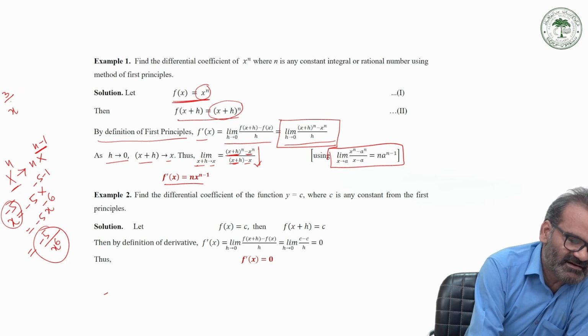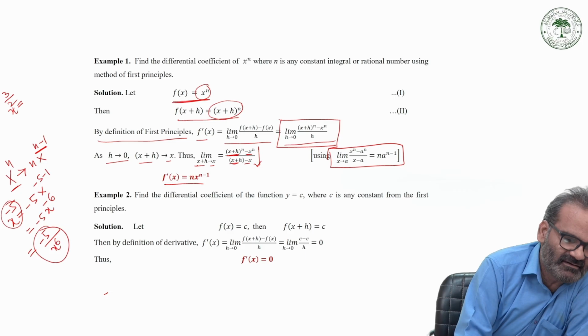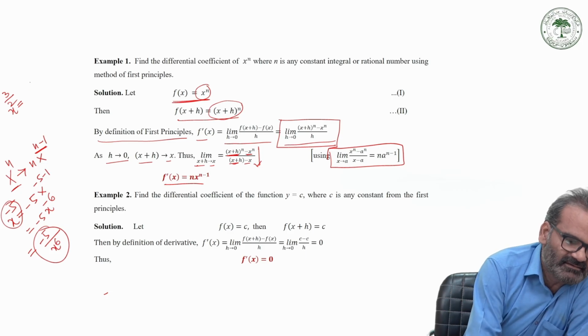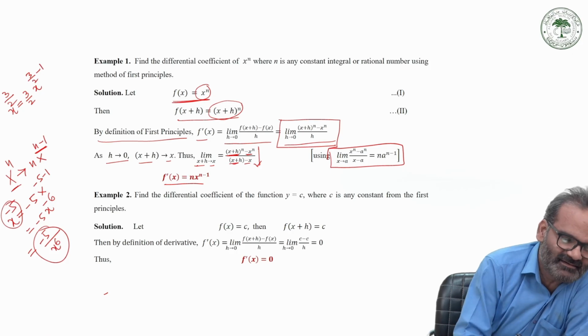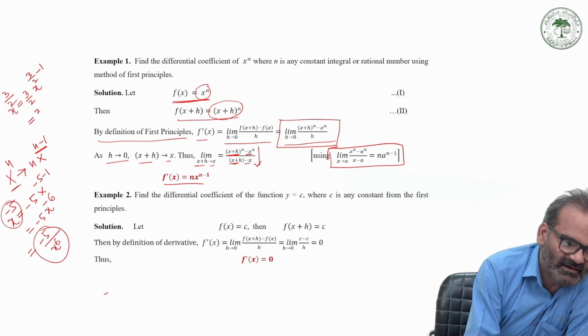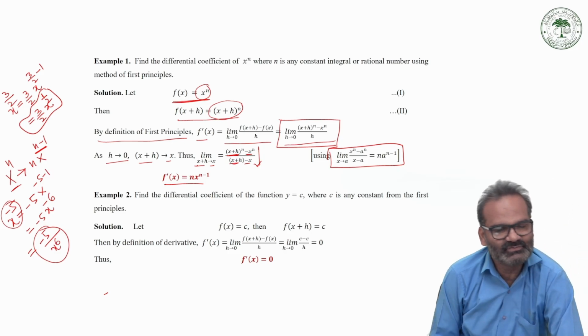If x is 3 by 2, by the definition, what is the derivative? 3 by 2 should come here and x power 3 by 2 minus 1, right? So this is 3 by 2 x power, what is left? 3 minus 1 is 1 by 2. So this is the derivative of x raised to the power 3 by 2.